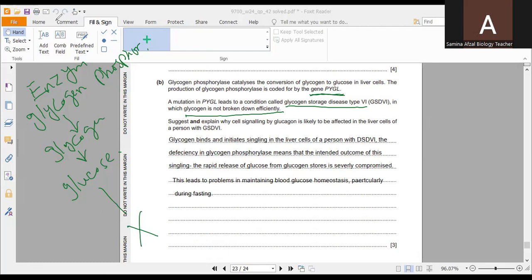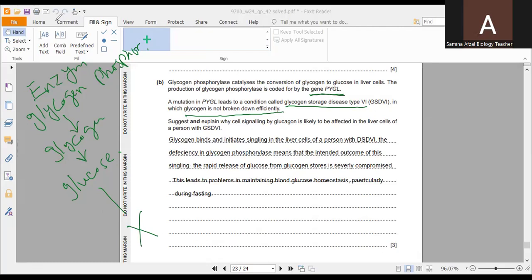So in this way, I would like to say the glucagon signaling might still happen, but there may be accumulation of glycogen in the liver. Glycogen breakdown is impaired.